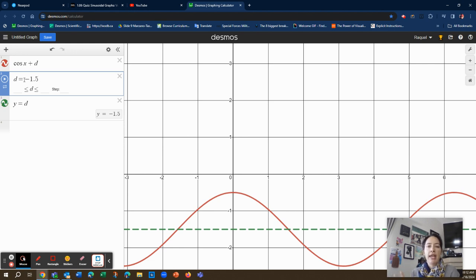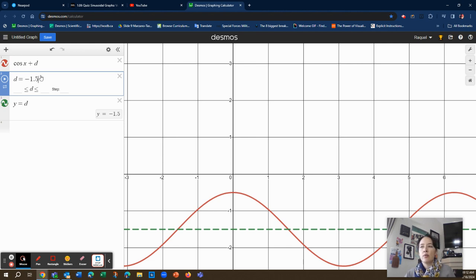When do they come into play? You need to take a look at the vertical shift whenever you're trying to graph it or determine those key critical points, because now it's shifted up or down. So now your Y values will change, your X values will still stay the same, depending on other things like your amplitude.